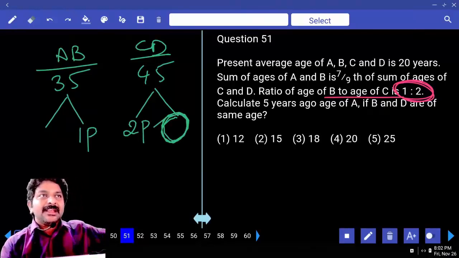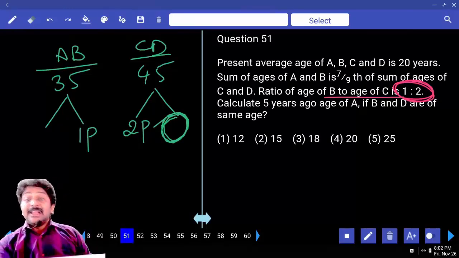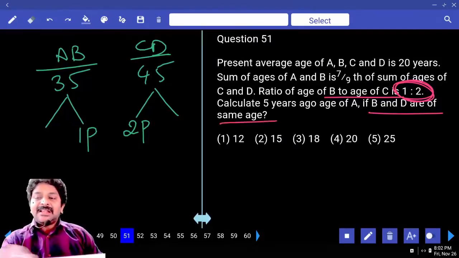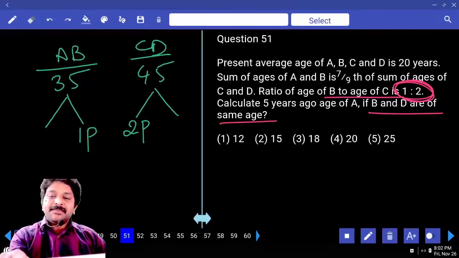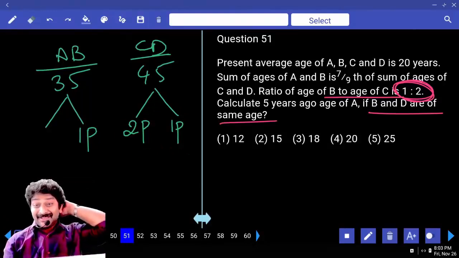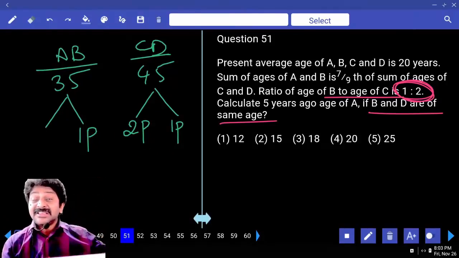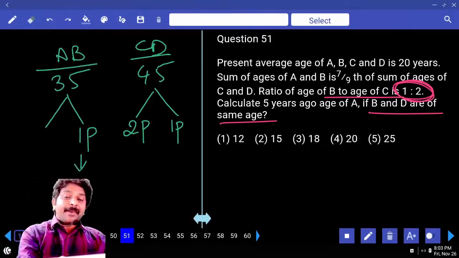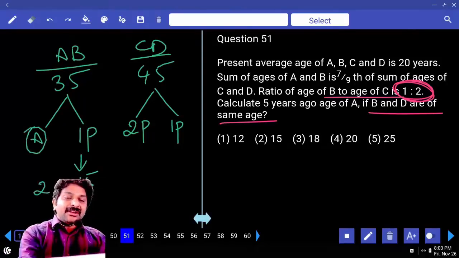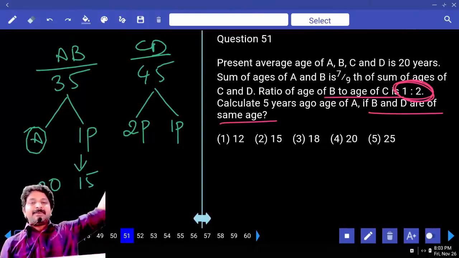Now look at the last statement, which says B and D are of the same age. That means the D value is also 1 part. How many parts do we have in total? 3 parts is equal to 45. Then 1 part is equal to 15, then A's age must be equal to 20 only. Then only A plus B becomes 35.